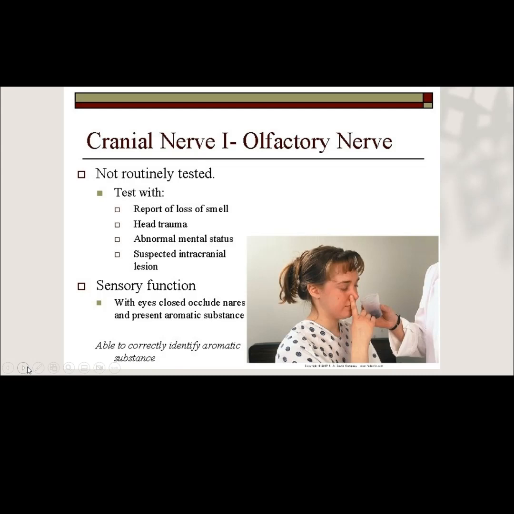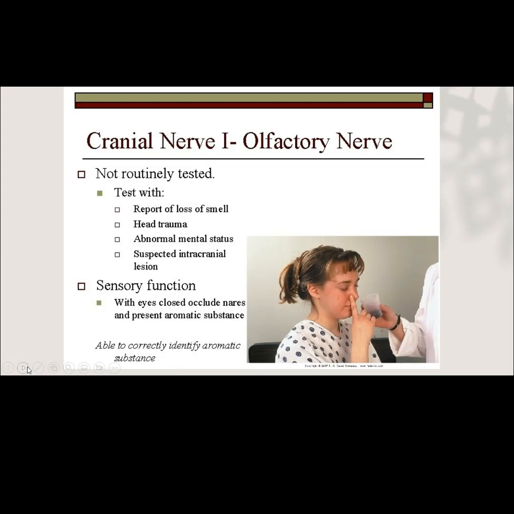And all cranial nerves have either a sensory response, a motor response, or both. If you can remember whether the cranial nerve is a sensory nerve or a motor nerve or both, then that can also help you remember how to assess for that nerve.